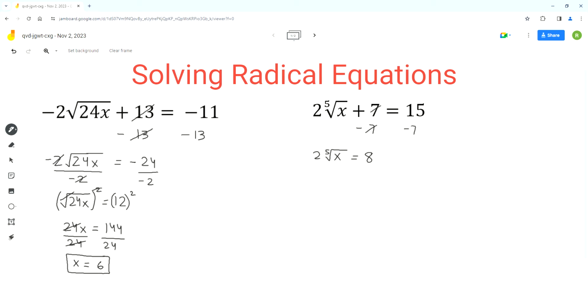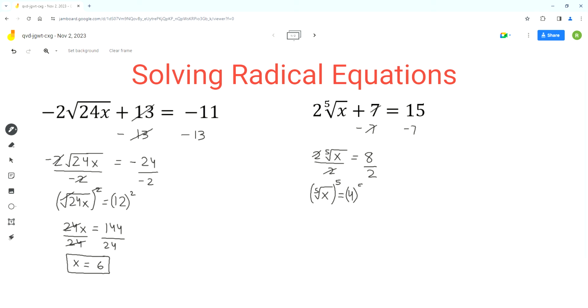Now we can isolate the x term on the left side, and for that we should divide both sides by 2. So the 2's on the left side cancel each other out and we get fifth root of x equals 4. We have to get rid of the fifth root on the x. So for that we'll have to raise the power of both sides to 5.